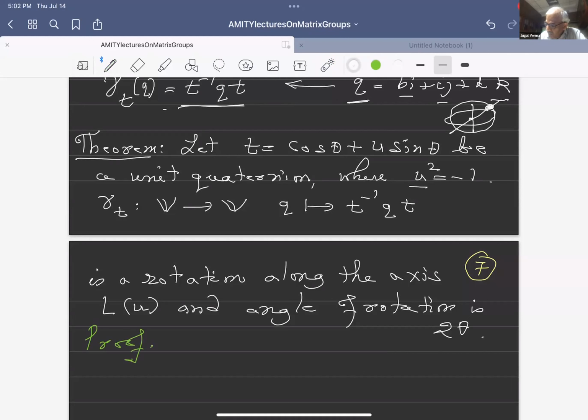Okay, so the first thing we want to show is that the line spanned by U is the axis of rotation.